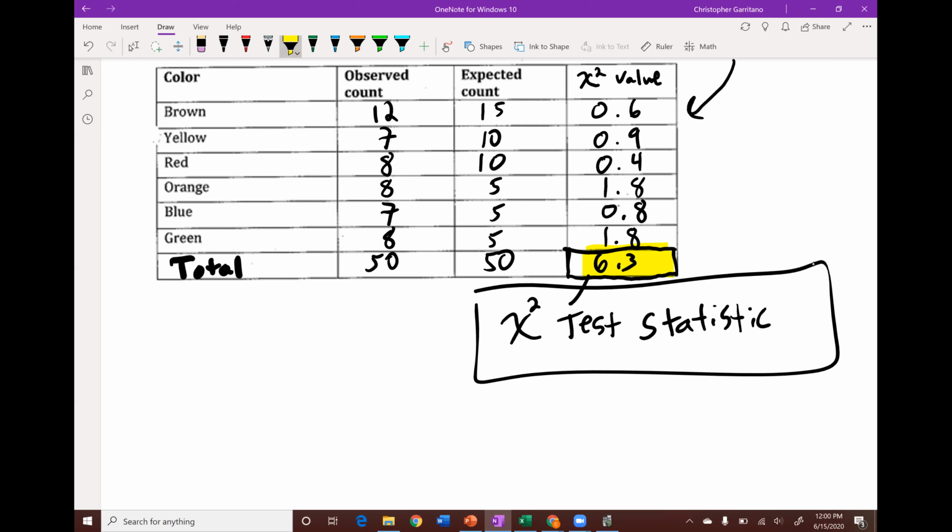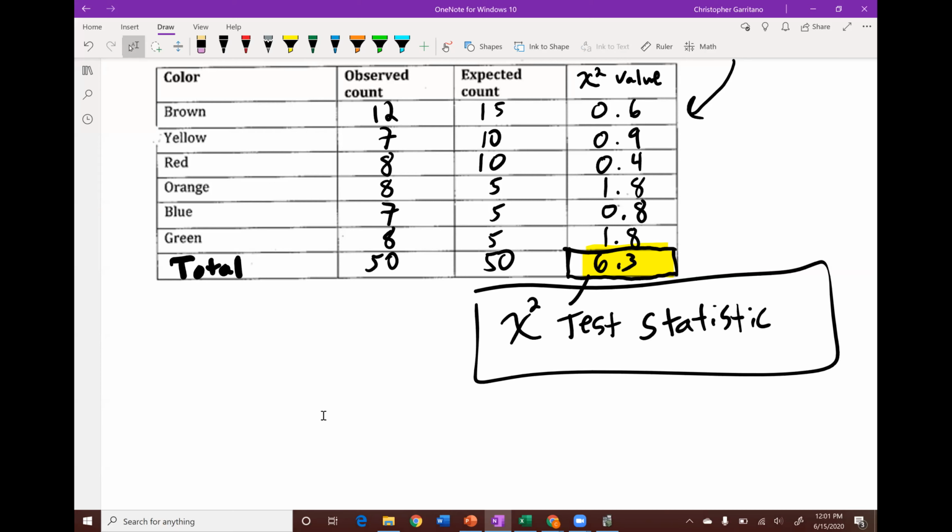But if I opened up another bag of the Couch Potato colorful candies, I might get different observed counts and therefore different chi-squared values and a different test statistic. So think about the types of values that the chi-squared test statistic can take on, and what this distribution might look like. All right, so now assuming you have thought about it, I'm going to scroll down and show you what the chi-squared distribution does look like.